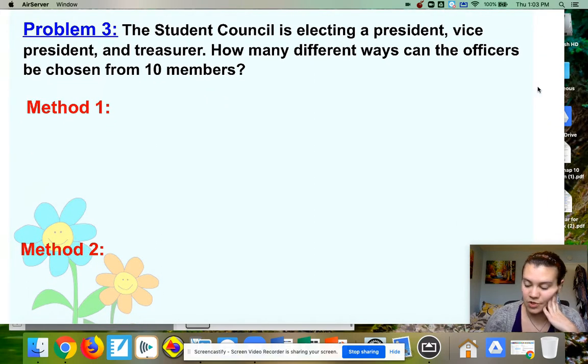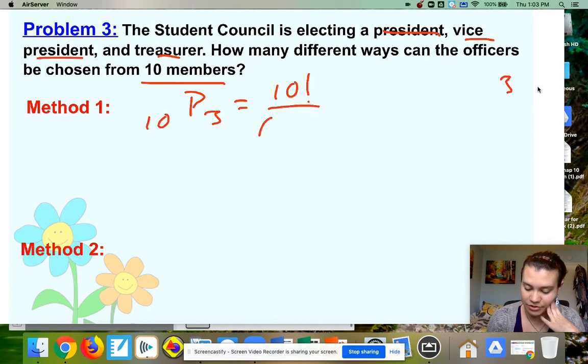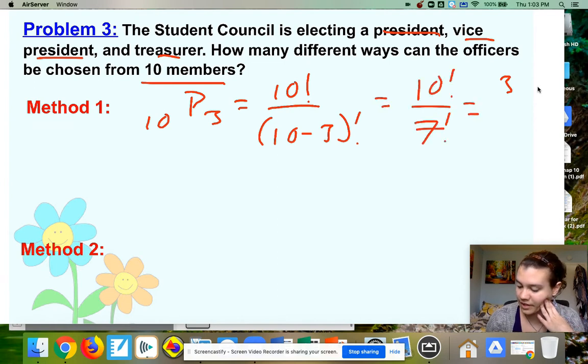Okay, so one more. You have a student council electing president, vice president, and treasurer, so 3 different positions, and there's 10 members. So method 1 is how we've been doing it. You get 10 factorial over 10 minus 3 factorial, 10 over 7, you get 720. The other option is to put it into your calculator.